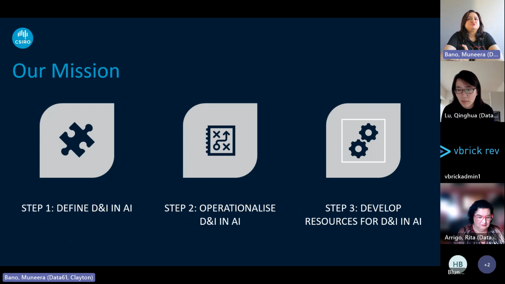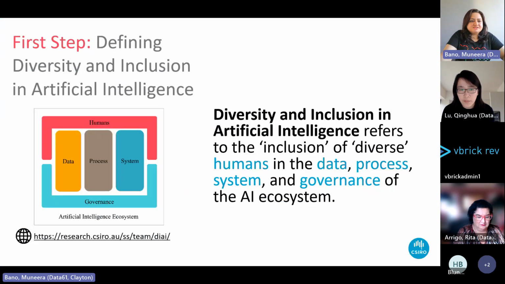And then the final step is to develop the resources around them and present them. So the first step, defining diversity and inclusion in AI, was taken up by our team lead, Didar Zohri, who, along with the National AI Center's think tank on diversity and inclusion in AI, all came together. There were rounds of iteration on what it would mean, what D&I in AI would look like.